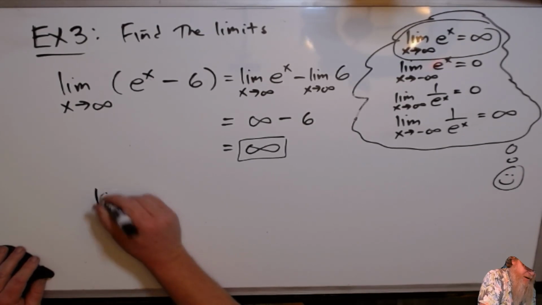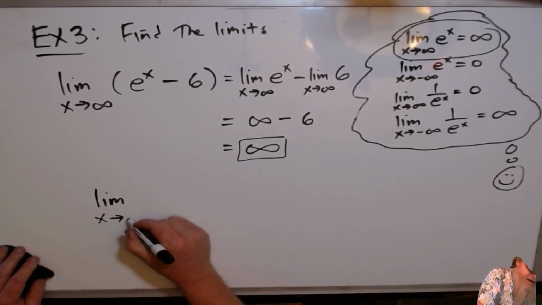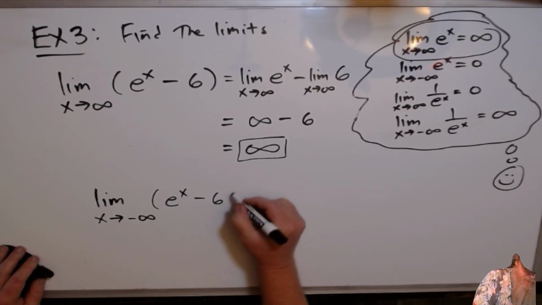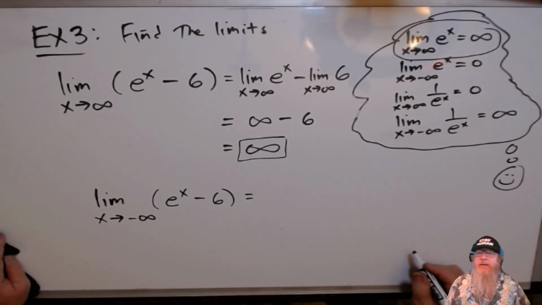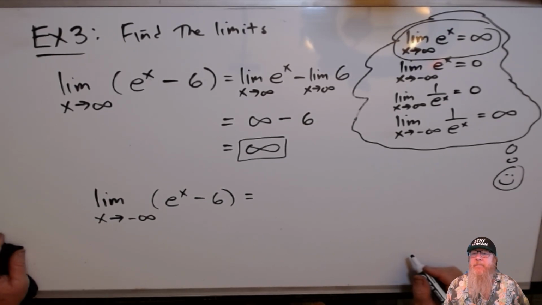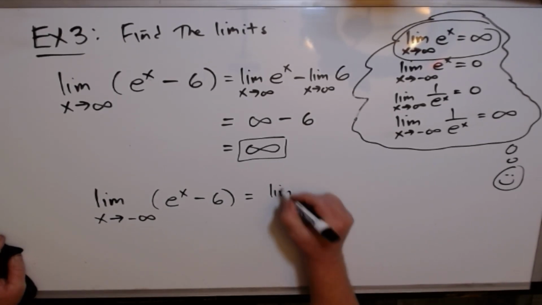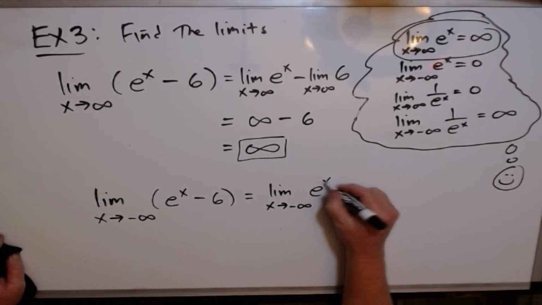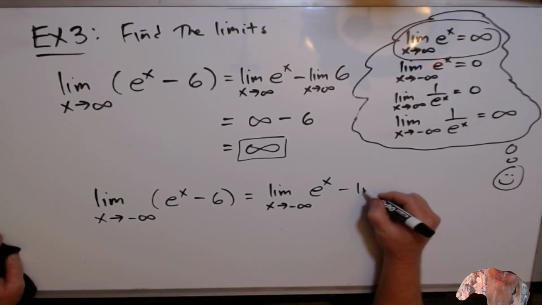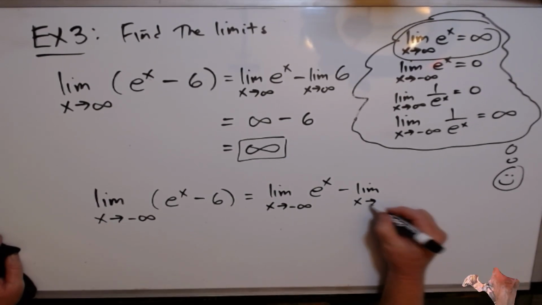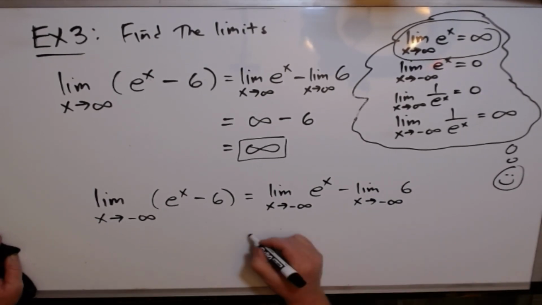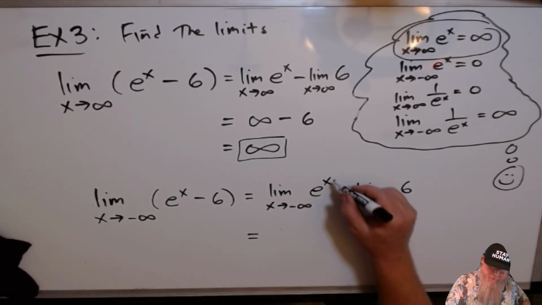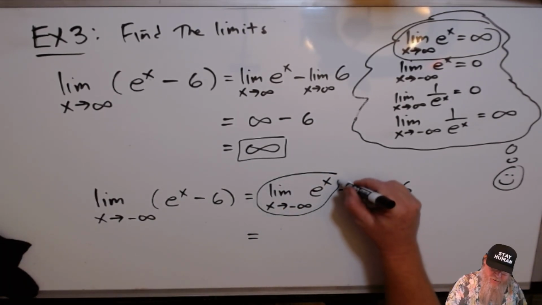Let's go the other way. The limit as x goes to negative infinity of e^x minus 6. That will be the limit as x goes to negative infinity of e^x minus the limit as x goes to negative infinity of 6. All right, now I have a choice. It's really your choice.